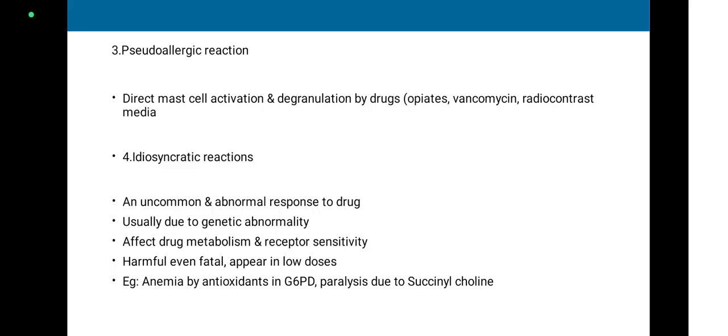And the last type of type B reaction are idiosyncratic reactions, which is an uncommon and abnormal response to a specific drug, and that occurs usually due to genetic abnormality, that is due to drug metabolism changes or alteration in receptor sensitivity. These reactions can become harmful, even fatal, and occur at very low doses of the drug. Examples include anemia by antioxidants in G6PD deficiency, paralysis due to succinylcholine.